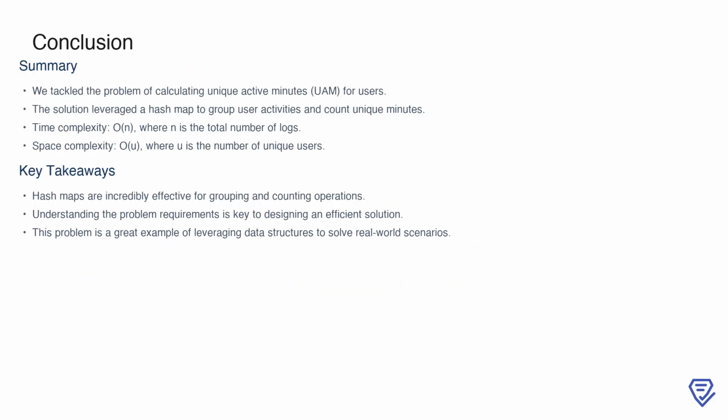In this session, we solved LeetCode problem number 1817, finding the user's active minutes. We learned how to use a hash map to group and count user activities, analyzed the solution's complexity, and highlighted key takeaways. Remember to practice similar problems to strengthen your algorithmic skills.